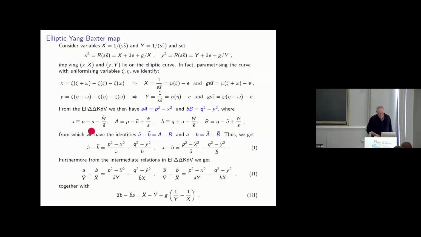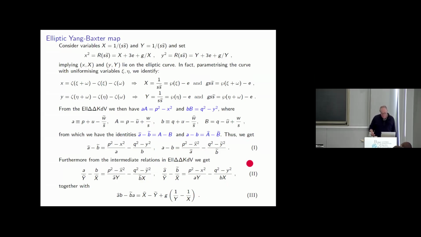And then we have some relations that follow from these definitions, which are these two relations here. And we have the relations that follow from the quad equations in the system, which are these equations here. This is the first equation of the system rewritten in these new variables.